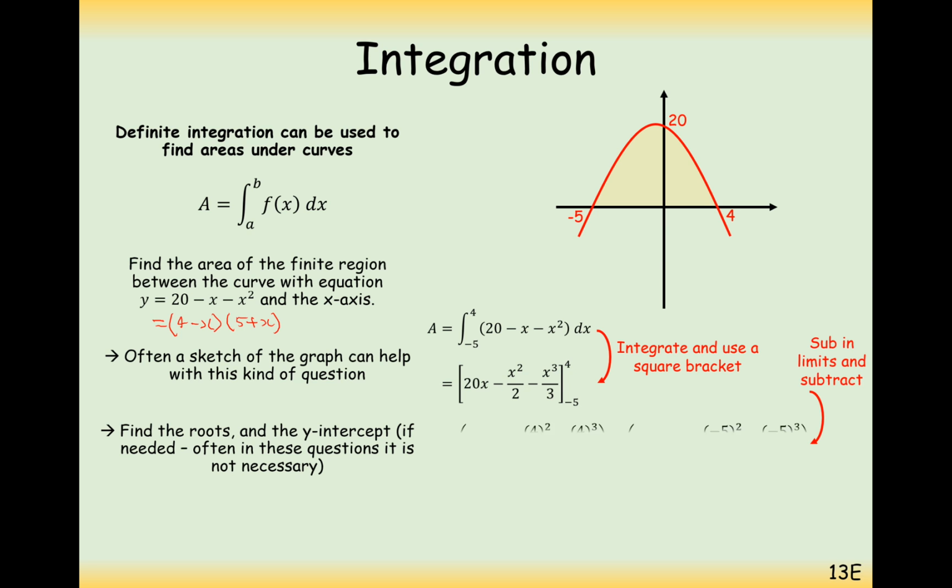We substitute in x equals 4 into the function to start with, and then we substitute in x equals minus 5 as the second substitution, but in between we're going to have a negative. So we substitute in 4, substitute in minus 5, and then take one away from the other.